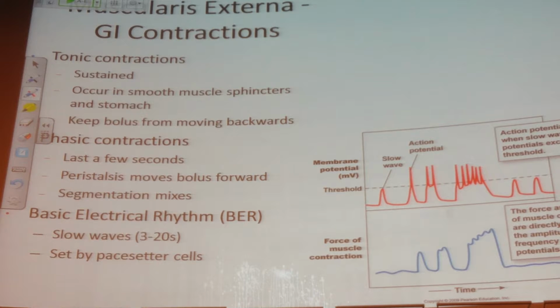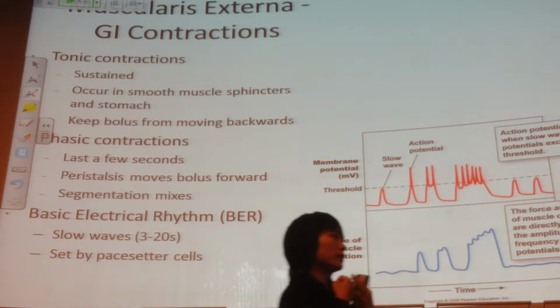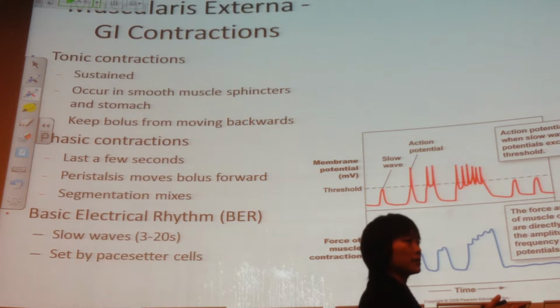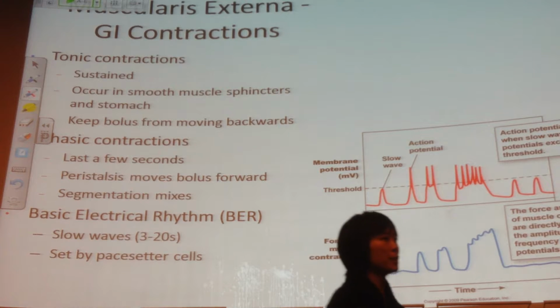Most of you will be very familiar with the basic contractions we learned before, hopefully: peristalsis and segmentation. Are these two words familiar to you guys? Okay. Peristalsis and segmentation last only a few seconds, and they have different functions. One is moving the bolus forward, that's peristalsis, and the other is mixing the content inside, which is segmentation.